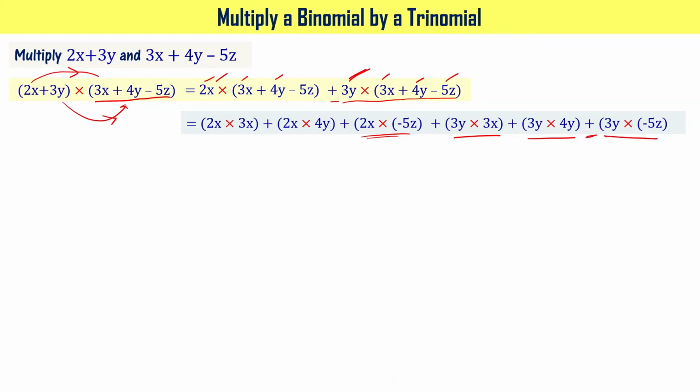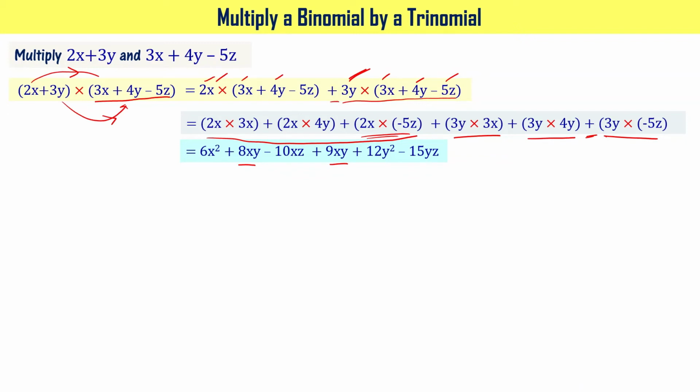Please note this. Now let's simplify this such that you get 6x square minus 8xy minus 10xz for the first part, and for the second part you get 9xy plus 12y square minus 15yz, right? As you see here, I have xy term here, xy term here.